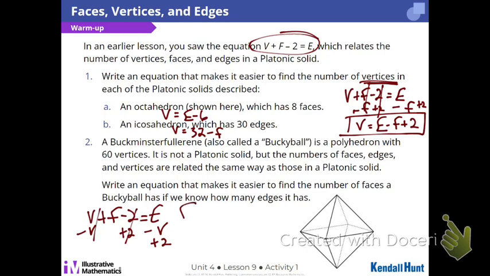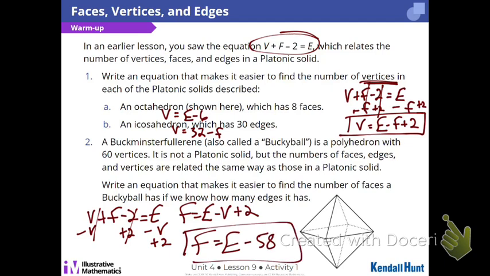So that gives me the number of faces equal to edges minus vertices plus 2. The next thing I want to look at is the information I know. I have 60 vertices, so I'm going to slap that in right there for vertices. So negative 60 plus 2? Negative 58. So that's all of them.